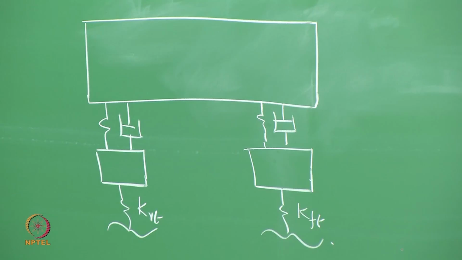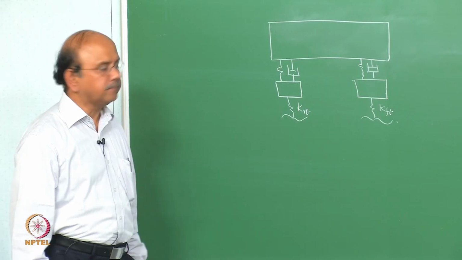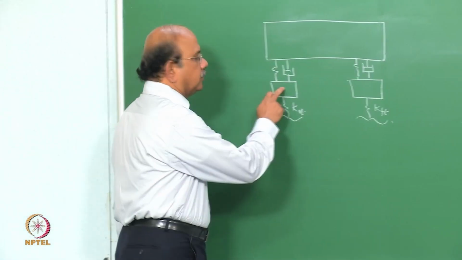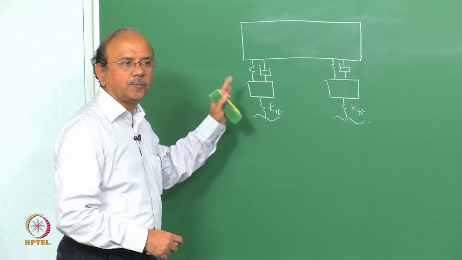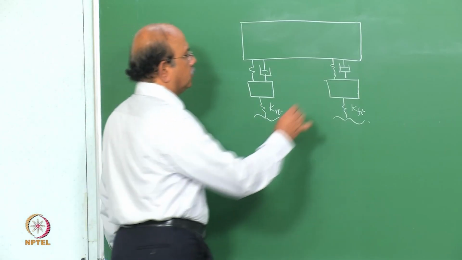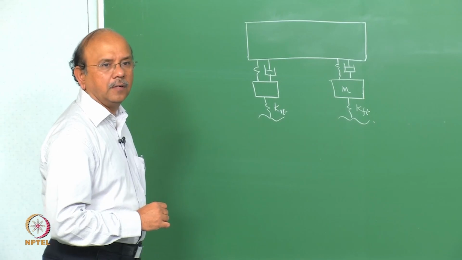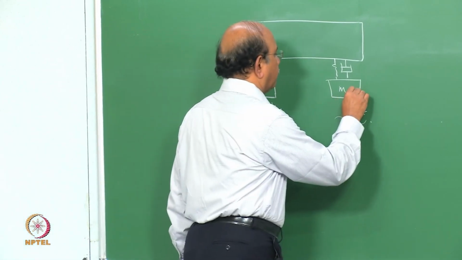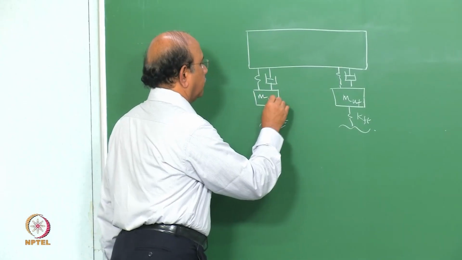Though it looks very attractive, usually the damping effects are neglected, not very high, and it's neglected. And this is what is called our unsprung mass. So we will call by small m, unsprung mass in the front and m unsprung mass in the rear.